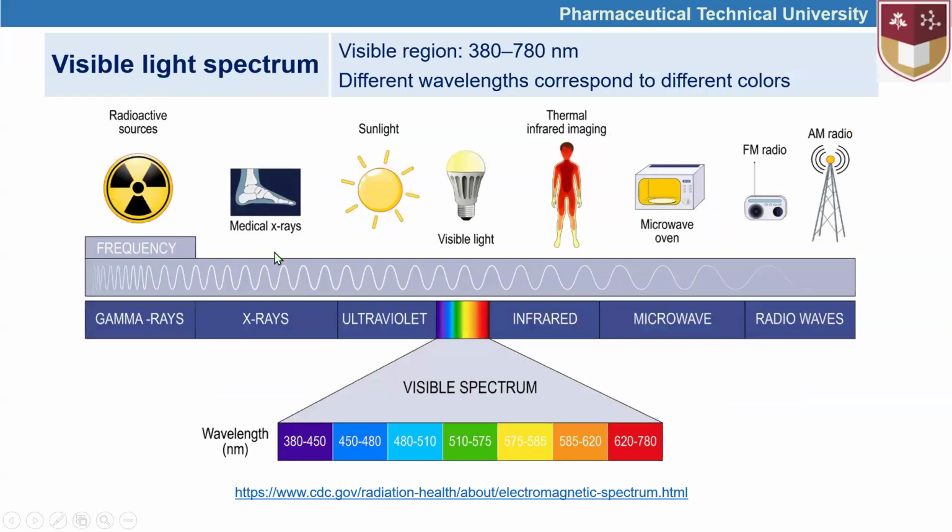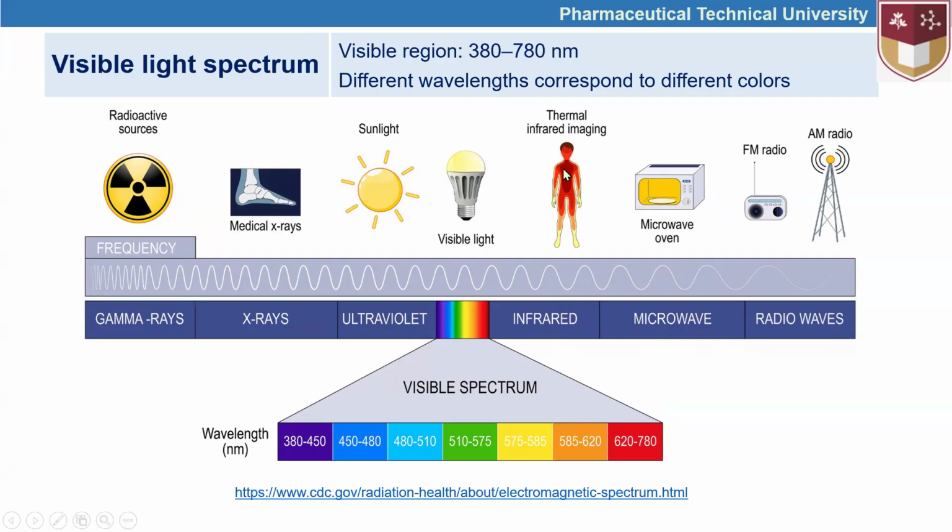Okay, here in this photo we can see that different electromagnetic waves are used for different, let's say, intentions. Radio waves are used for amplitude modification radios or frequency modification radios, and microwaves are used for heating processes used in microwave ovens.